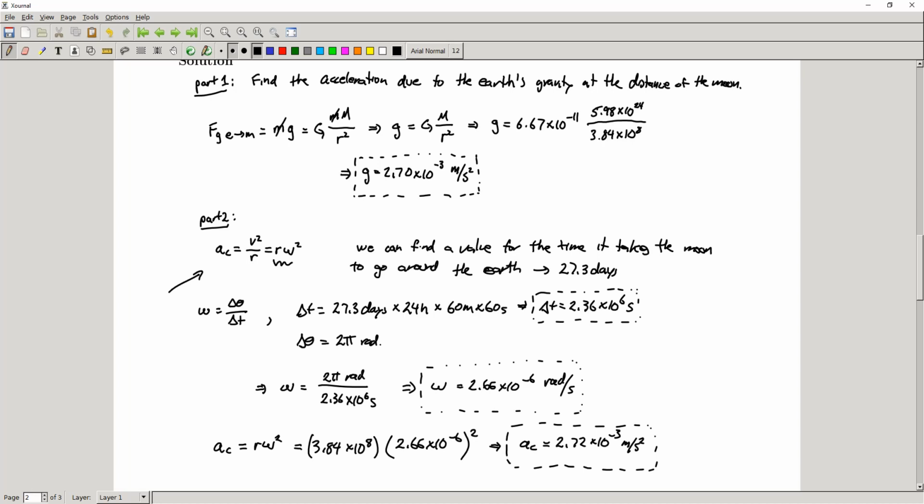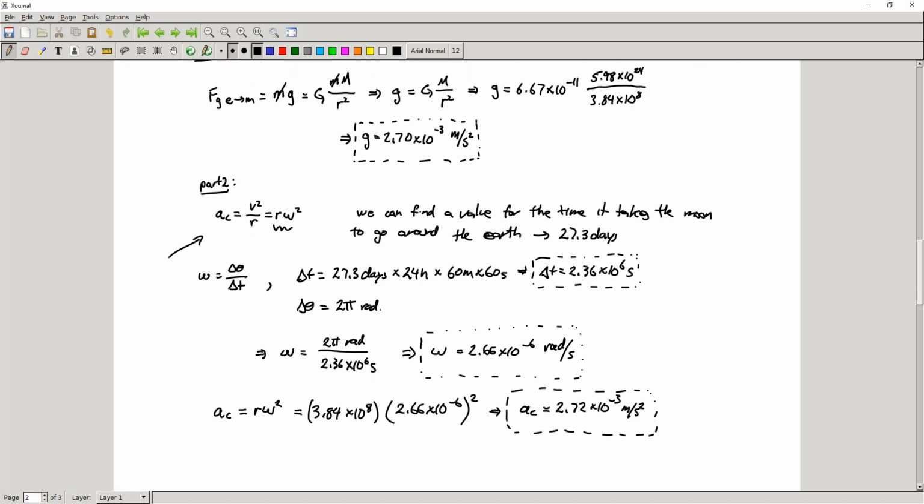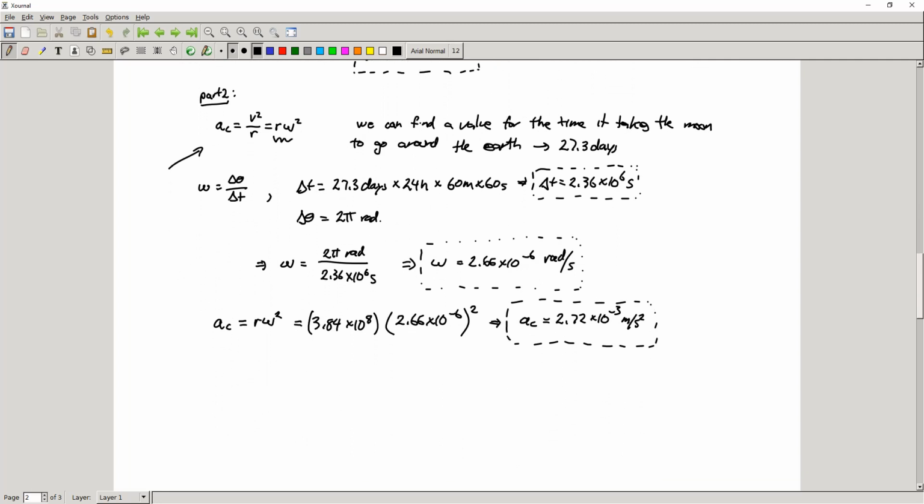So these numbers really should be the same, right? Because we know that only the Earth's gravity is supplying the centripetal acceleration needed for the moon to stay in orbit around the Earth, and we just calculated what that value should be. So why are these different? Even though they're very close to the same, they are a little bit different.